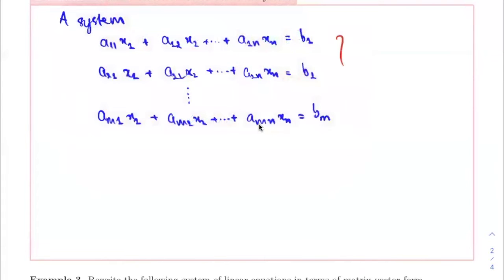So a quick note here, you have m linear equations. And again, the b's are constants and the a's are the coefficients. They should be constant as well. And in this case, the system has m linear equations and n unknowns.